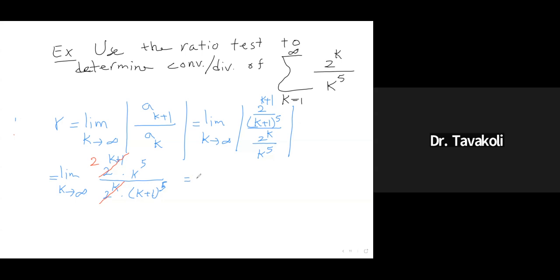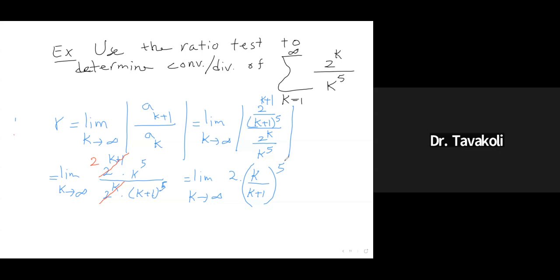So far I have the limit as k tends to infinity of 2 times k to the power of 5 over k plus 1 to the power of 5. Any suggestion for that ratio, k to the power of 5 over k plus 1 to the power of 5? As you know from algebra, both the top and the bottom have the power of 5, so I can raise the ratio to the power of 5.